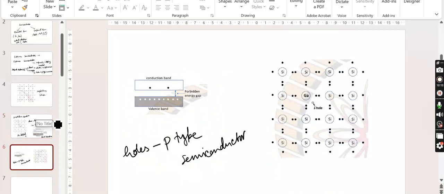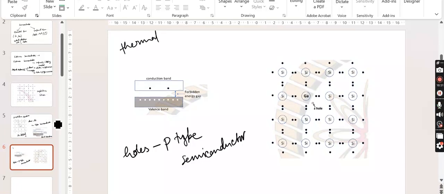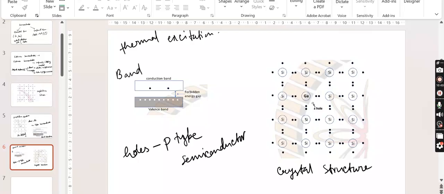And when the majority carrier is holes for a p-type semiconductor, there are still some electrons in the conduction band, and that is basically due to thermal excitation.